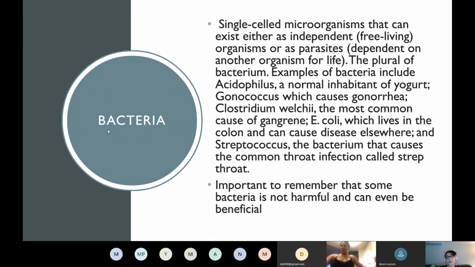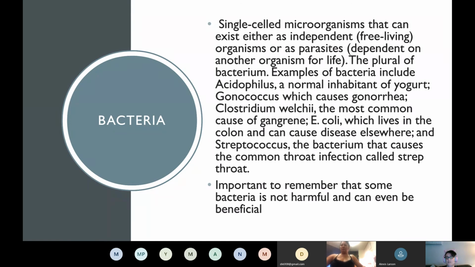And a lot of times what we find out is that it's the bacteria that we find when we culture something, right? This is what we're going to see. And bacteria are just single cell microorganisms. And what makes them different than other things is they can be independent and live free of an organism.